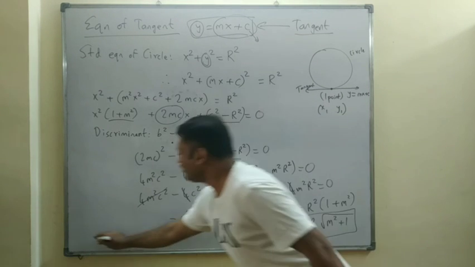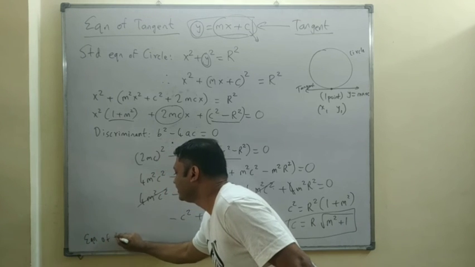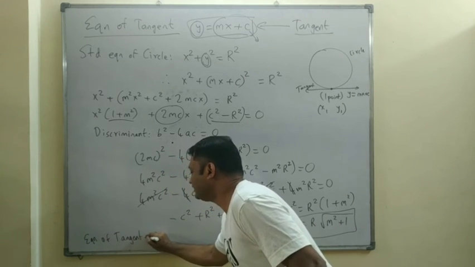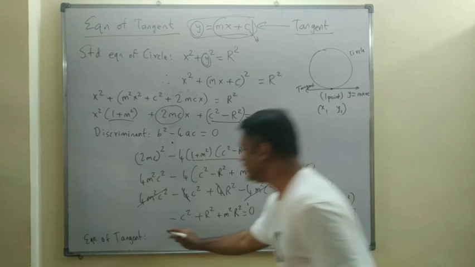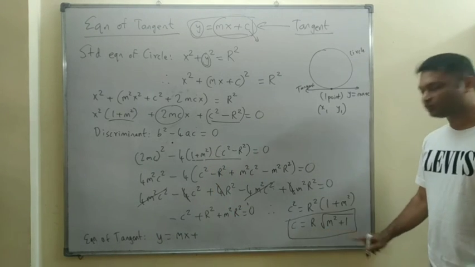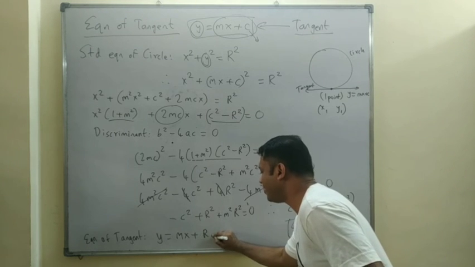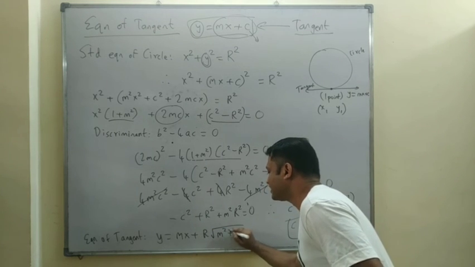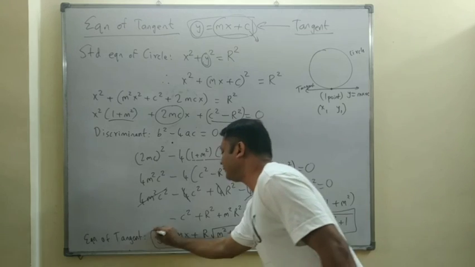So the equation of tangent to circle in standard form comes out to be y is mx plus c, where c is r root of m square plus 1.